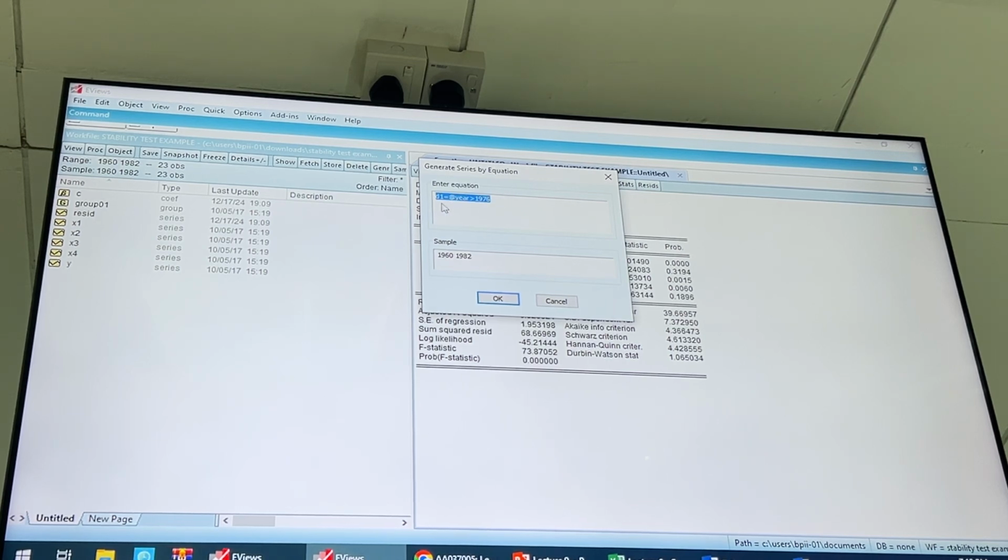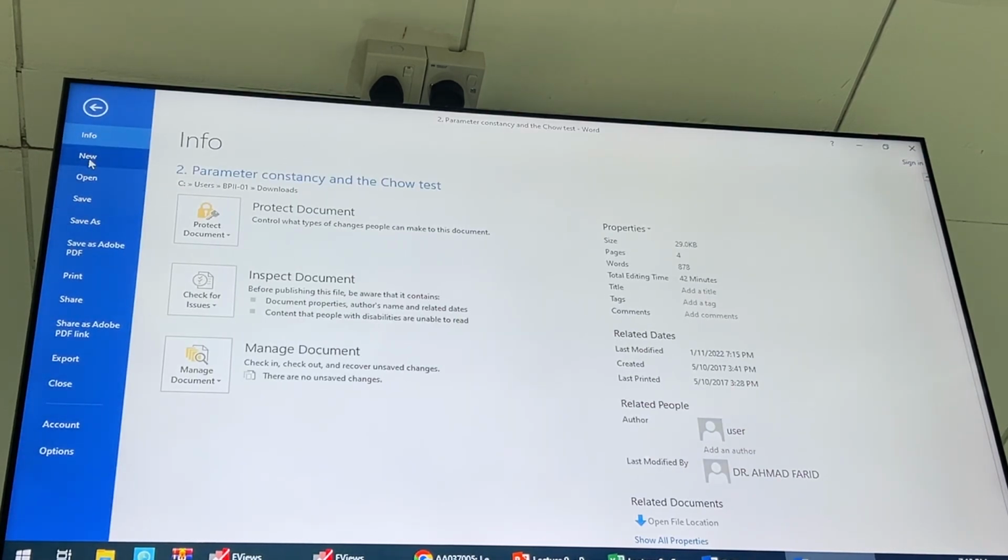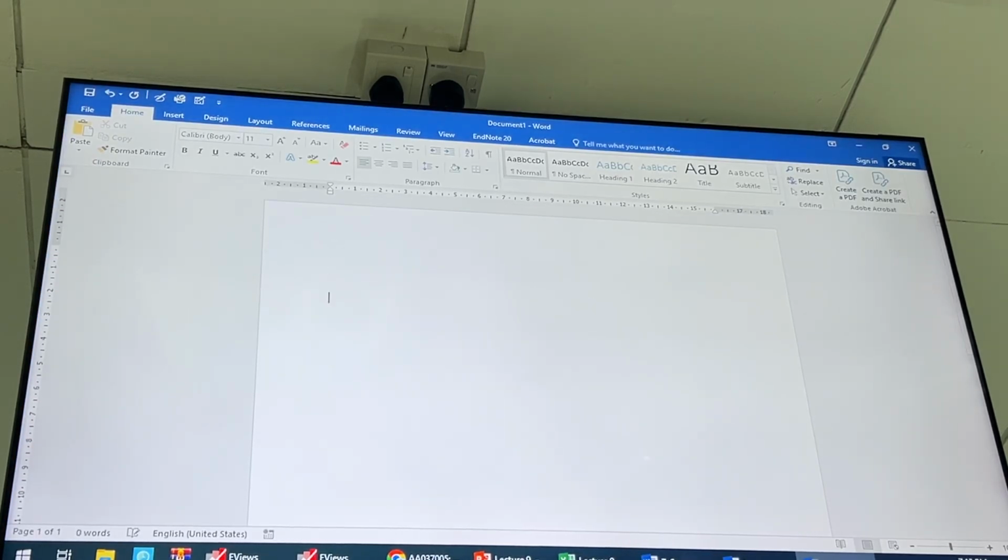So D1 equals. Then you generate series and then you type this: D1 equals at year greater than 1976.